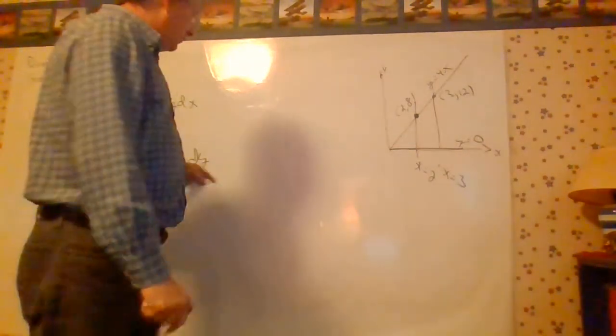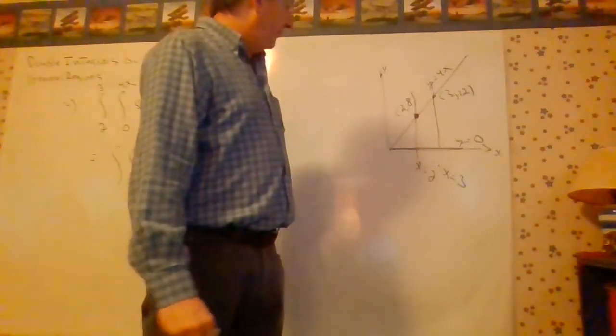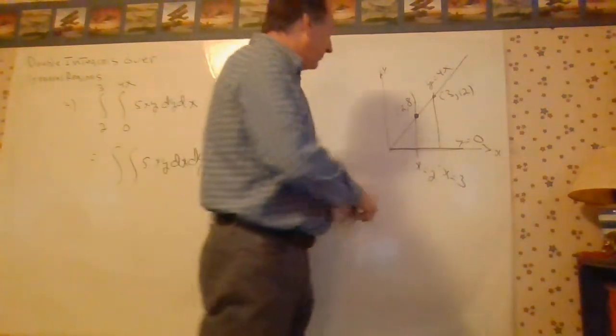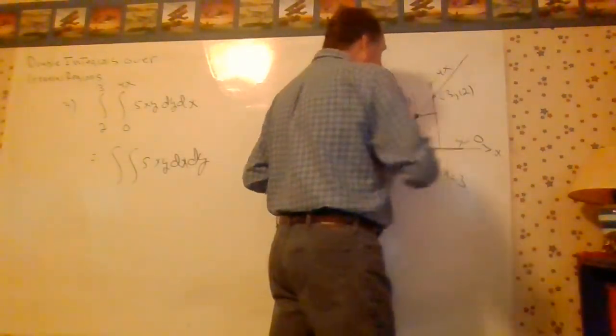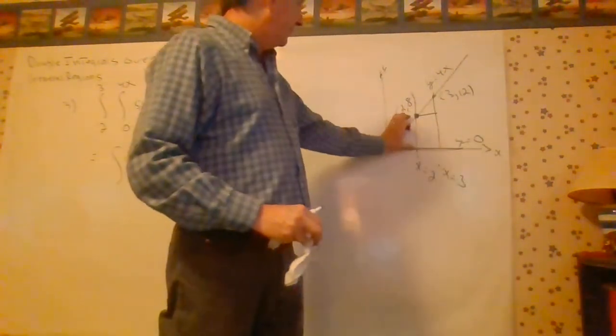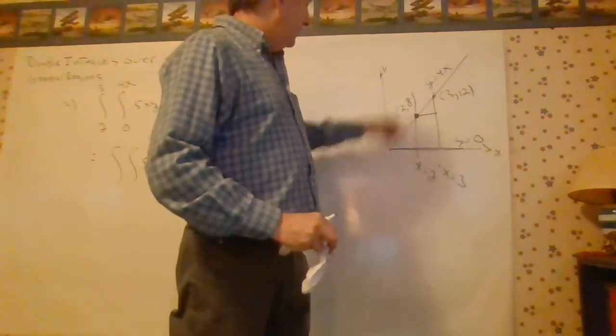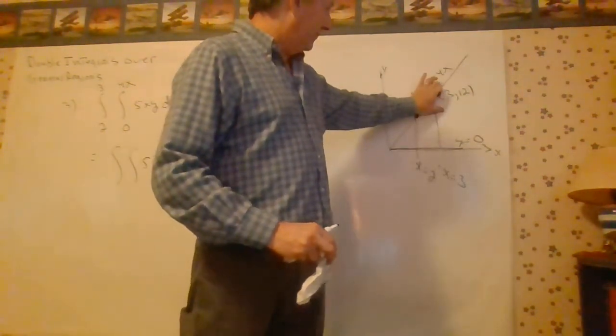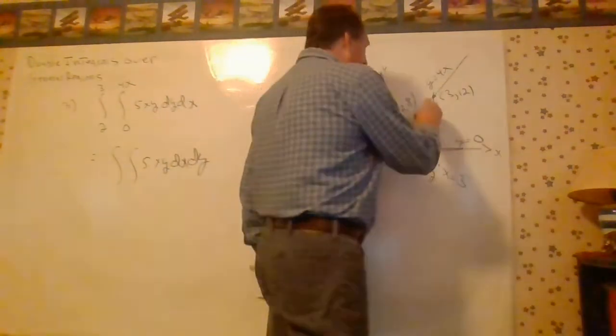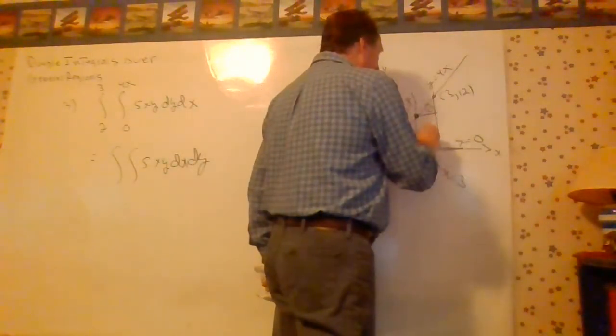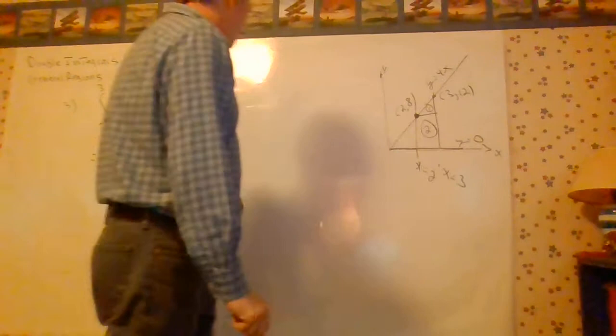And the problem is if y goes from here to here, x has to go from left to right. Well, you can break this up into two different regions. Here x goes from vertical line to vertical line. Here x goes from slanted line to vertical line. So we'll call this region 1 and region 2.